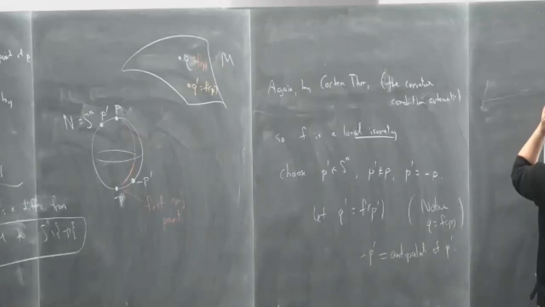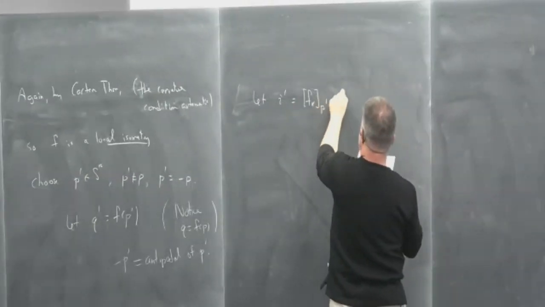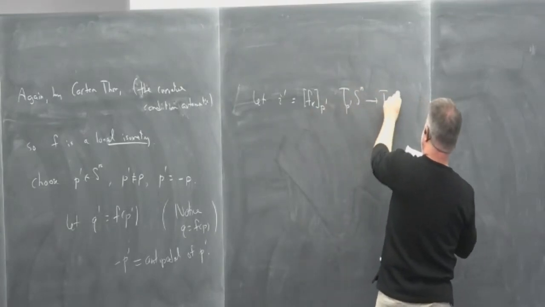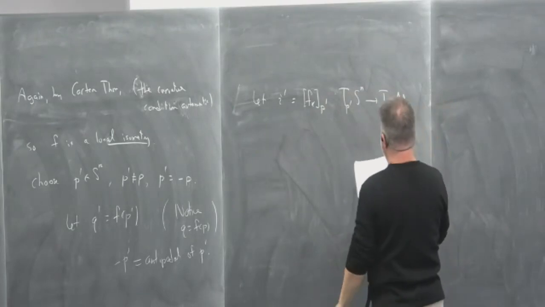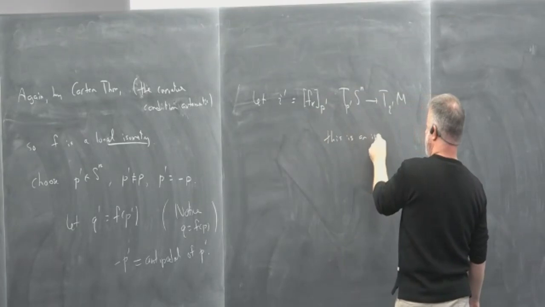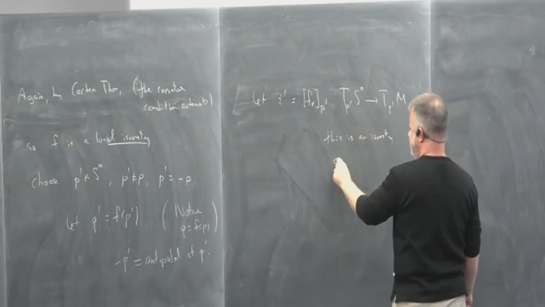Okay, so let I prime be the push forward of the original map F at P prime. This will go from T P prime of Sn to T Q prime of M, and this is an isometry since F is a local isometry.